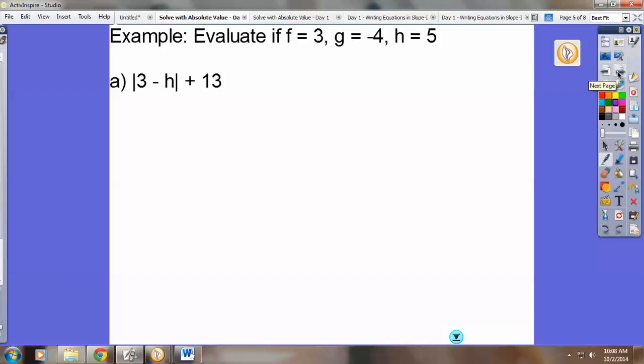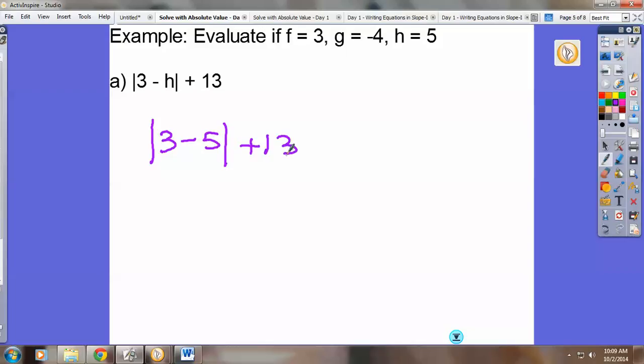Next example. The absolute value of 3 minus h, plus 13. Again, let's substitute in. I've given you the values of f, g, and h because we'll use those on the next few examples. So h in our case is 5, so let's substitute in.